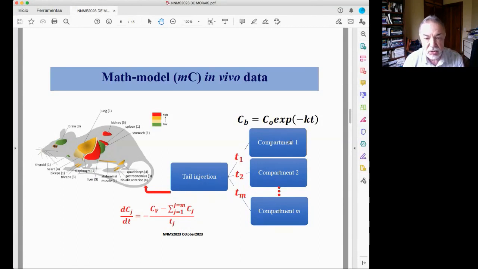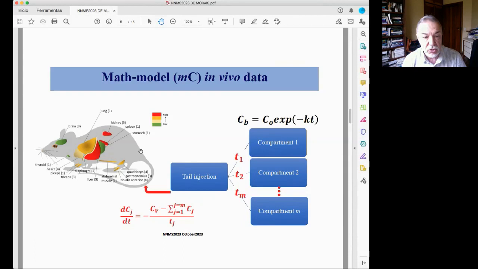Actually, they go to different biological compartments: compartment number one, compartment number two. It could be the brain, the lung, kidney, spleen, stomach. So you can track the concentration of nanoparticles leaving the blood circulation and moving to different biological compartments.